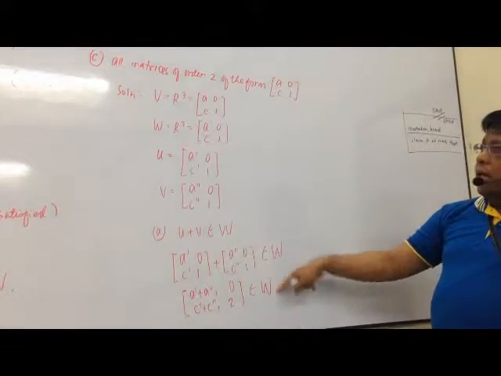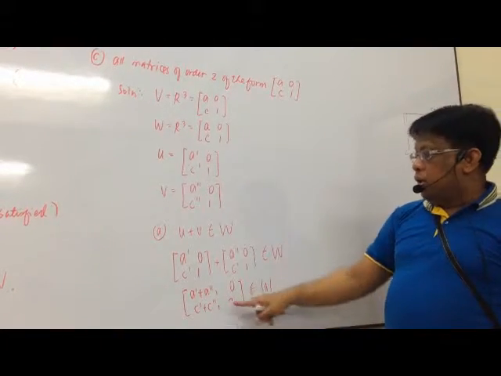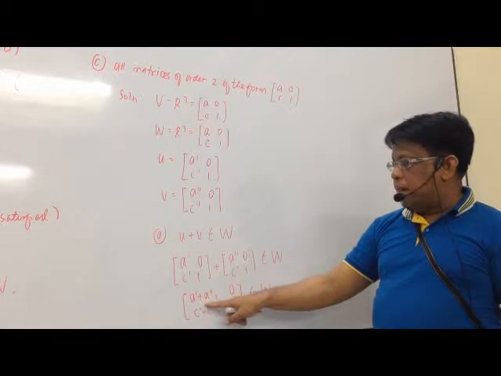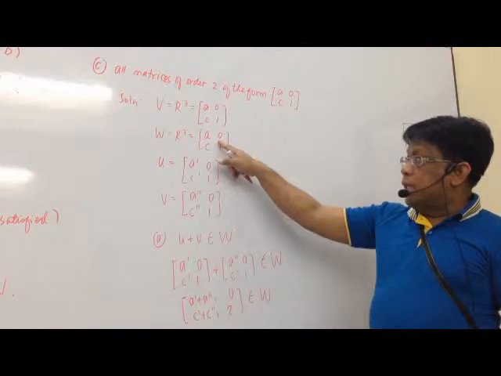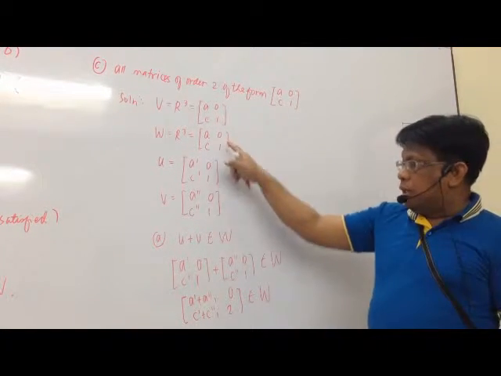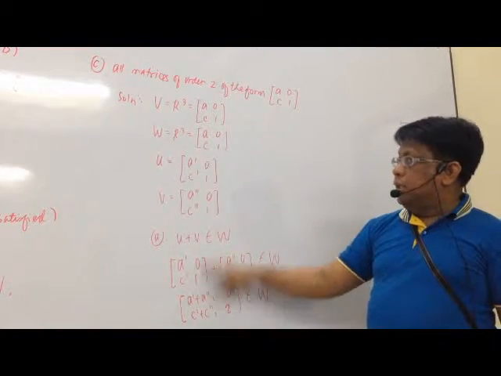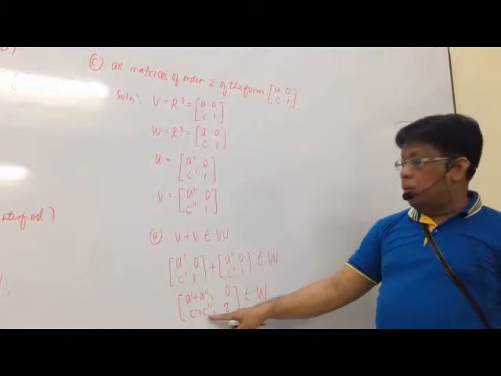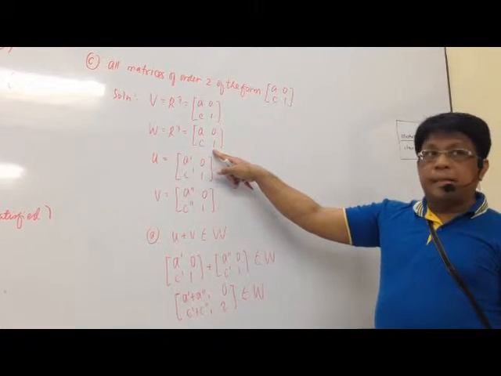Your W here is A, 0, C, 1, right? What about the resulting sum of the two vectors? The first component is A prime plus A double prime, so check, it is any real number. Second component is 0. Check. What about the third component? It is represented by C, or in the resulting sum C prime plus C double prime, which is any real number also. But for the fourth component, class, take a look.